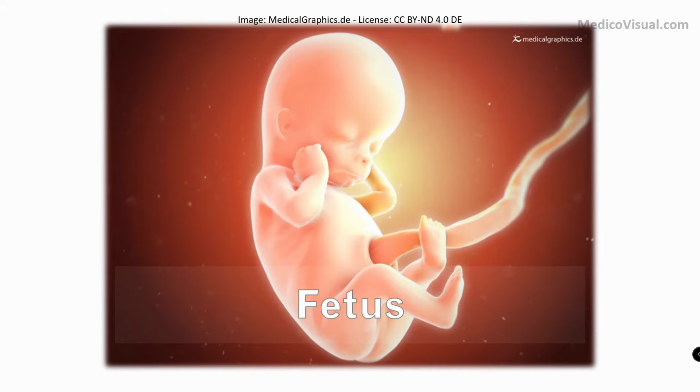So at the 9th week of gestation, the embryo is given a new name, and this new name is fetus. Why is it given a new name? Because it starts to resemble the actual organism, the baby. Now you know what a zygote is, what an embryo is, and what a fetus is.